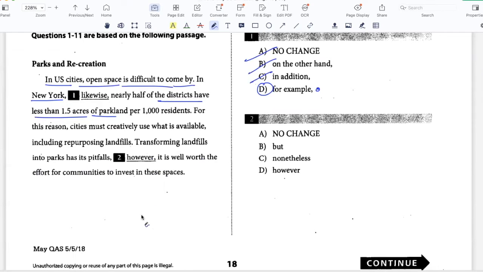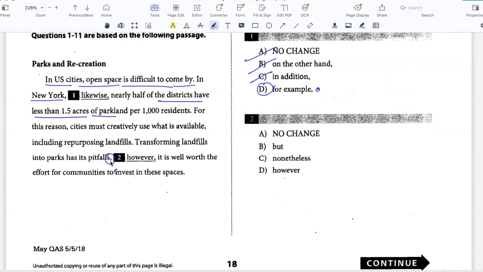So I'm looking for a connector that is contrasting, right? The problem with a connector like however or nonetheless is that it should start a new sentence. And so a comma after pitfalls does not allow that.